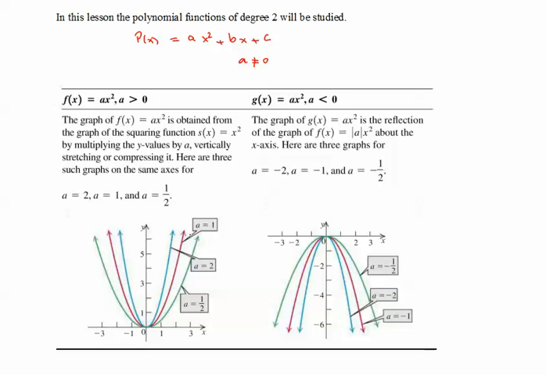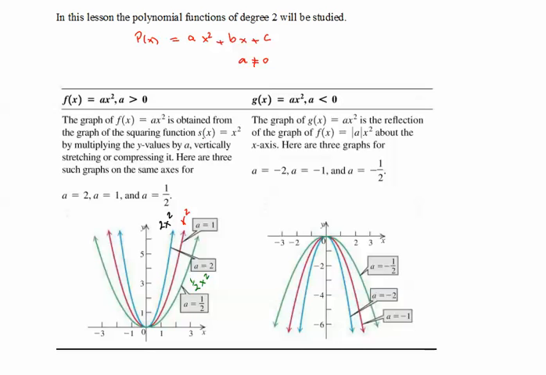So the one in red here is a equal 1, which is x squared, and the one in the blue is the coefficient 2 times x squared, and this one here in green is 1/2 x squared.